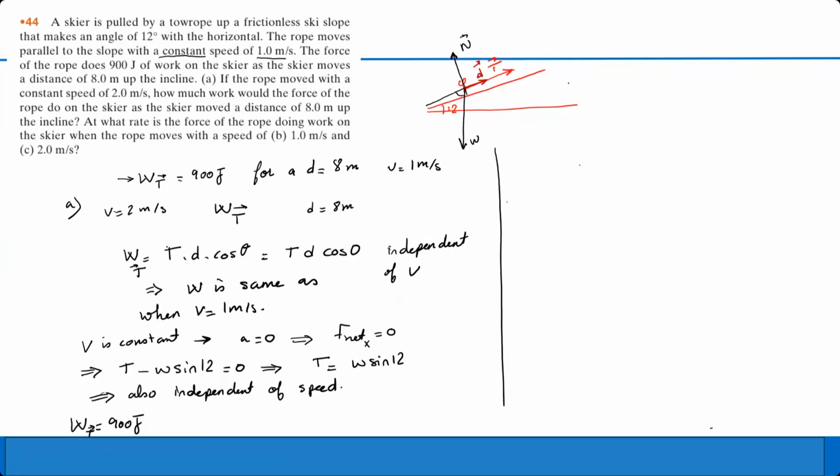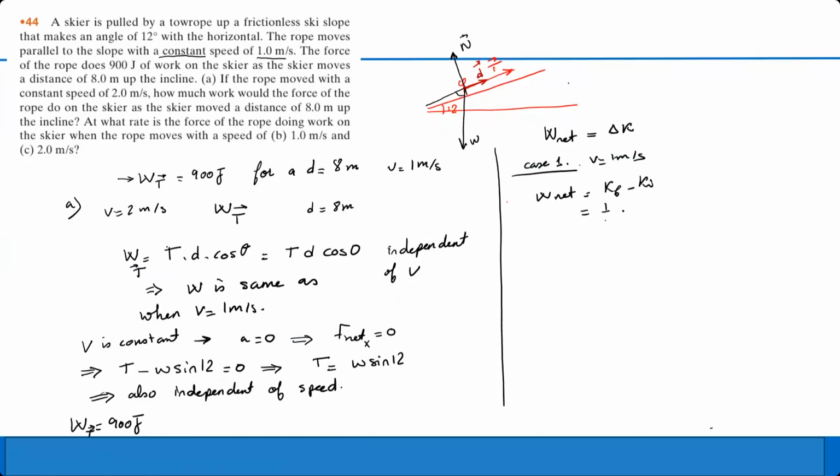So one way to solve the question, which really doesn't work, is using the work energy theorem. And you might think of using this method because you saw the speed to be given. And then you would say, okay, in case one, v is 1 meter per second, so W net equals K final minus K initial.